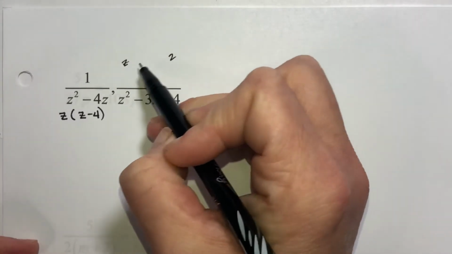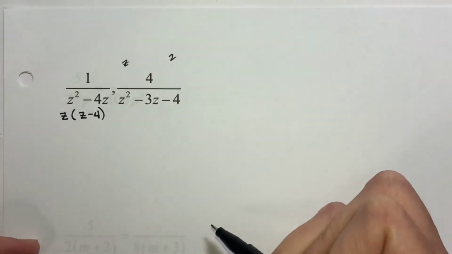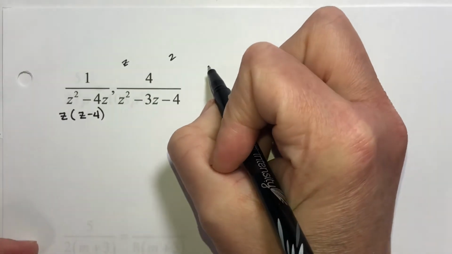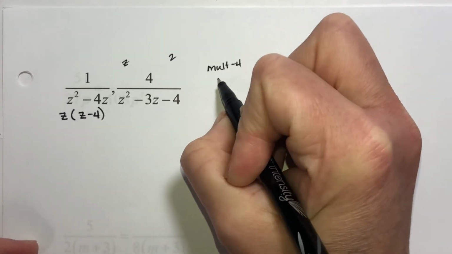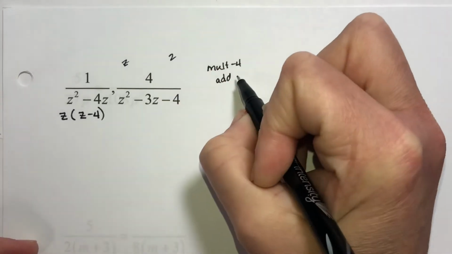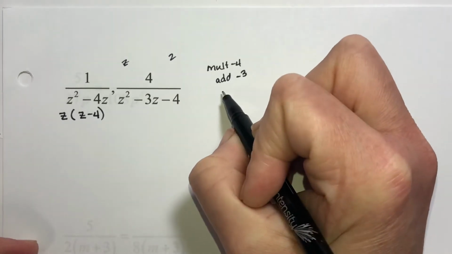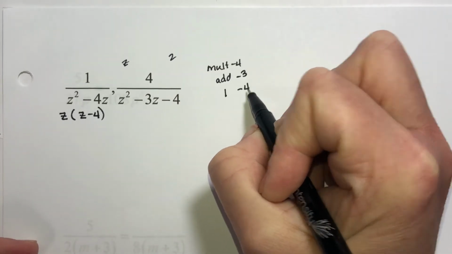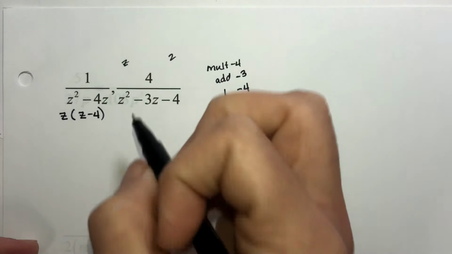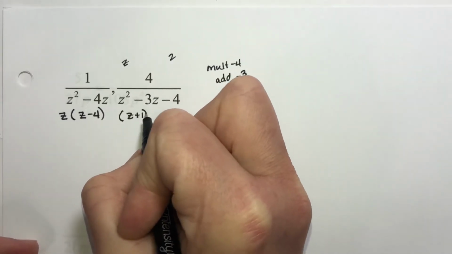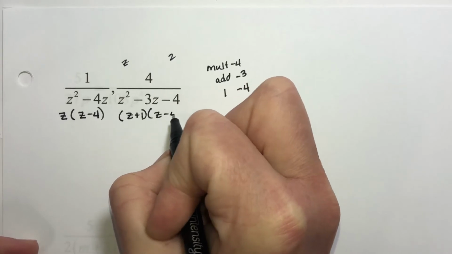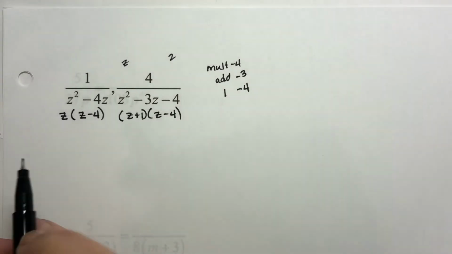If I multiply these together and then double it, I definitely do not get a 3. So I need to look for two numbers that multiply to a negative 4 and add to a negative 3, which is going to be 1 and negative 4. Okay, so this one factors as z plus 1, z minus 4. All right, so now everything is factored.